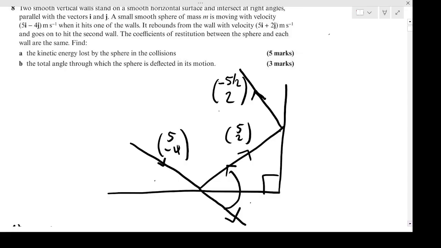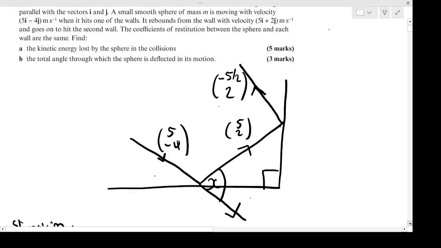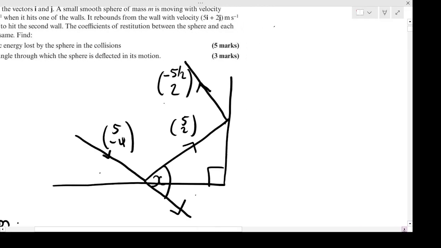Let's call that angle X, this whole angle here. Now, we don't need to faff about by finding alpha and beta, all the individual angles, because actually, because I've got vectors, it works out quite nicely. Let me draw out just that angle here.